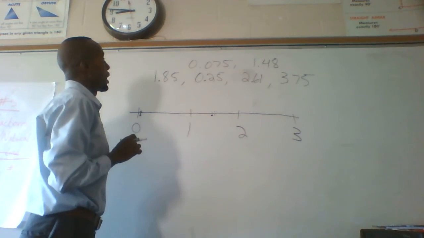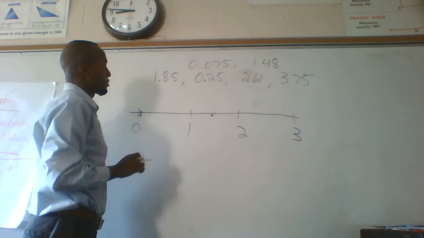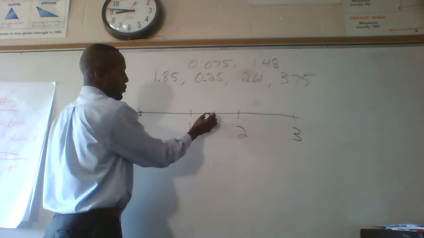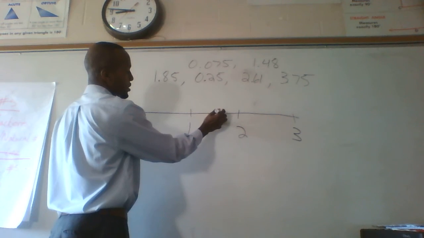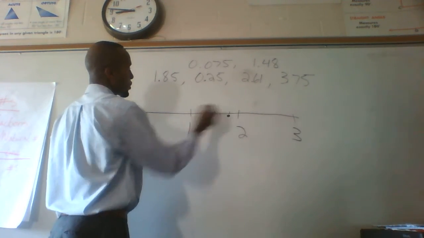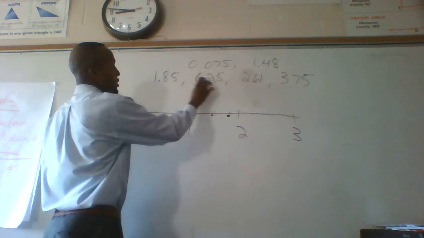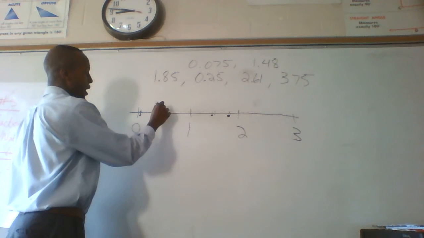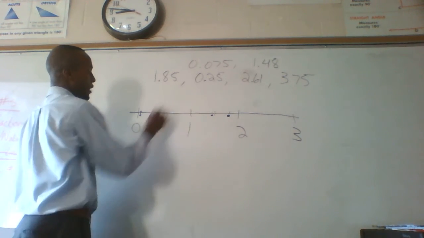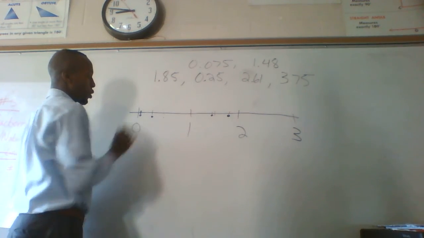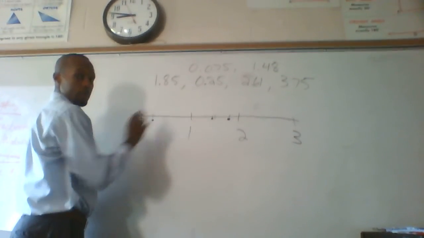Alright, 1.85, that's closer to the 2. If this is 1.5, 1.6, 1.7, 1.8, 1.85 would be right around here. 0.25 is between 0 and 1. 0.5 would be here. So 0.25 would be a quarter of the way between 0 and 1.